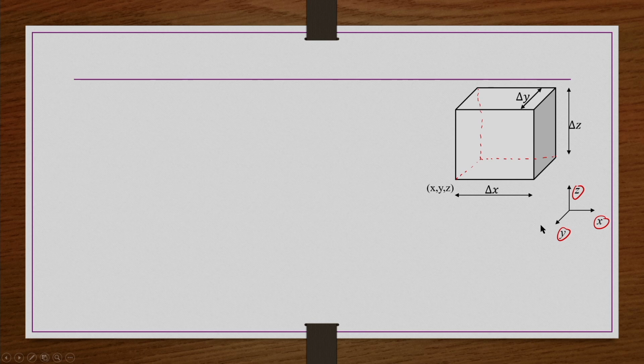The control volume has size delta x multiplied by delta y multiplied by delta z. In the x direction, the size of this face is delta x.